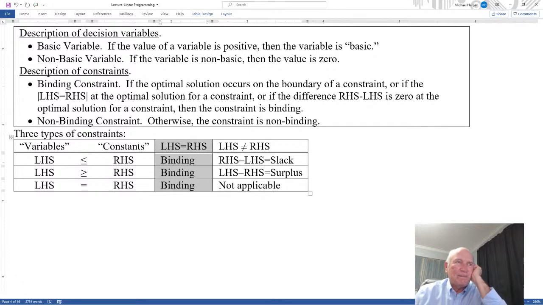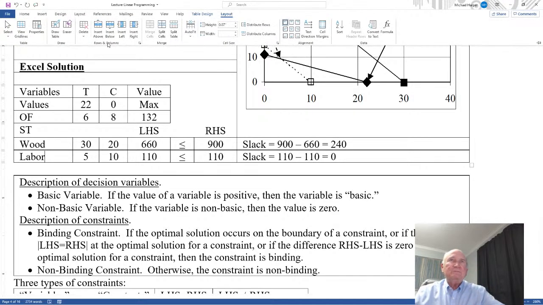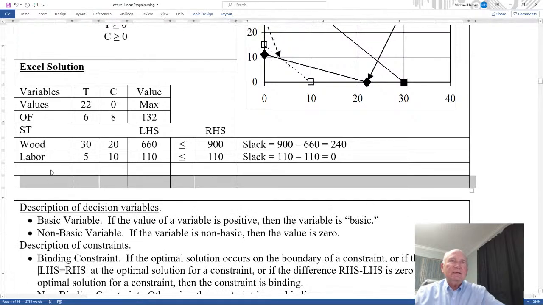That was confusing. So at a point, actually let me do it this way. Let me put two more in here. So let's put the T here, and let's put the C. So 22, 0, this is 22, and this is 0.